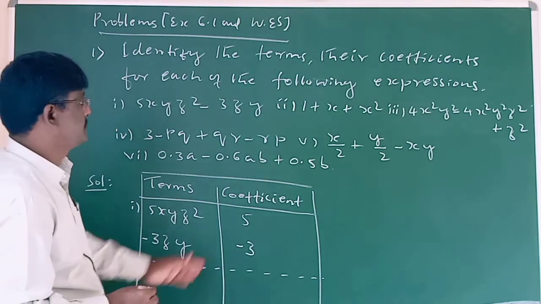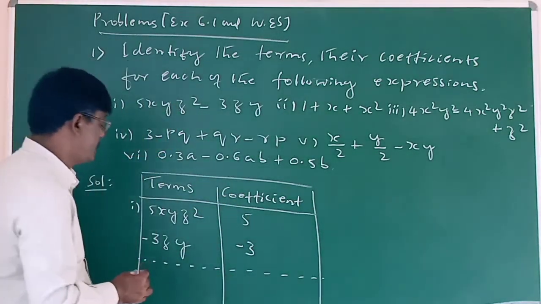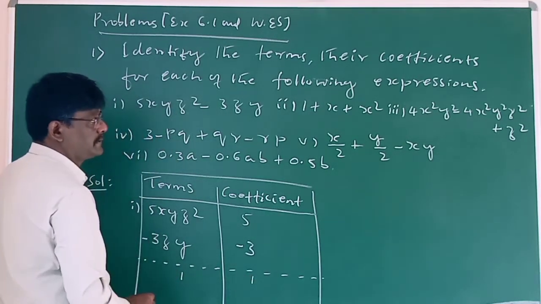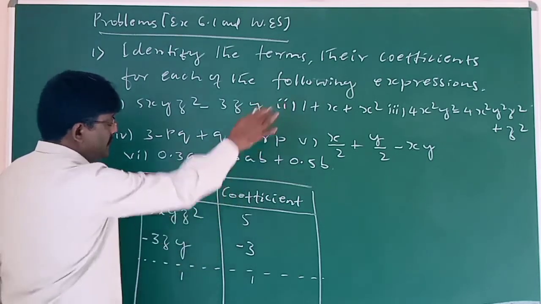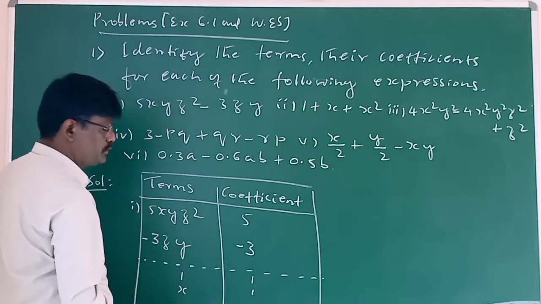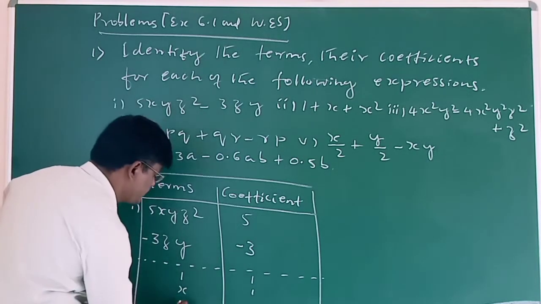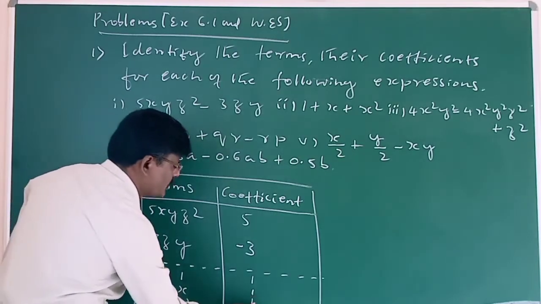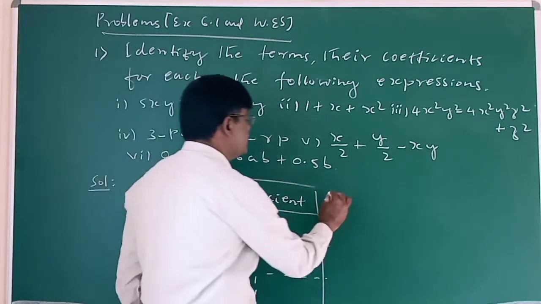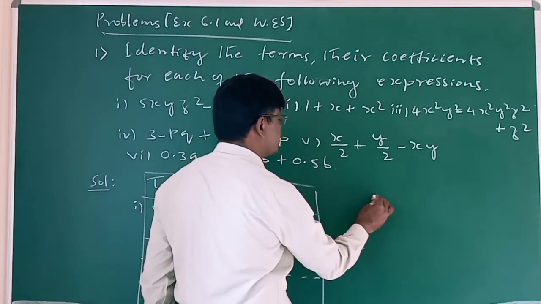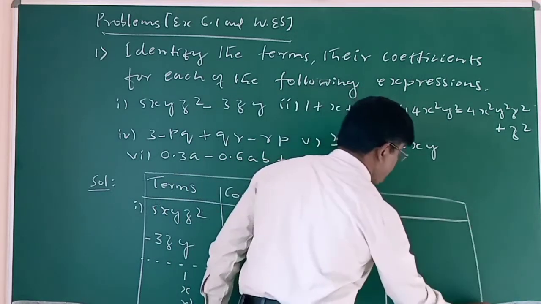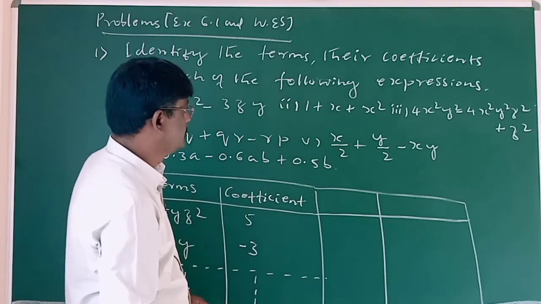Next, let us take the second expression. One term, coefficient is 1 itself. Next, x, coefficient is 1. Next, x square, coefficient is 1. It continues like this, children. Below that we shall continue.